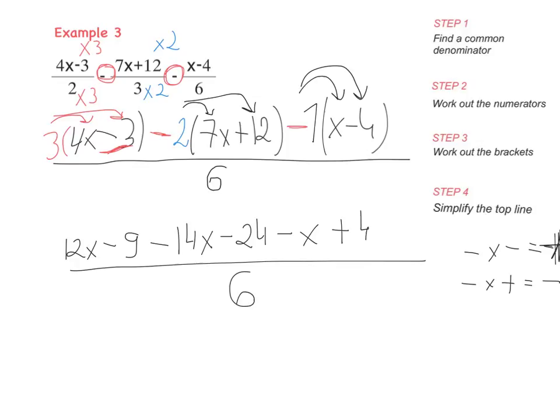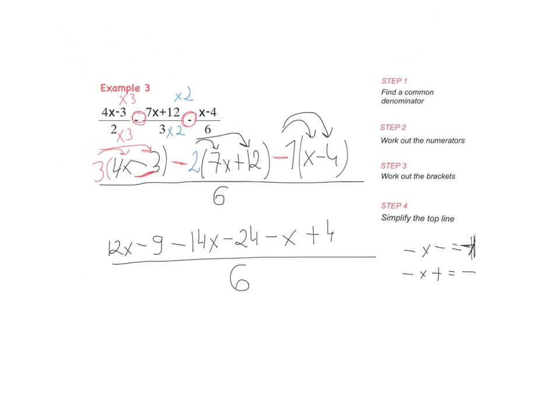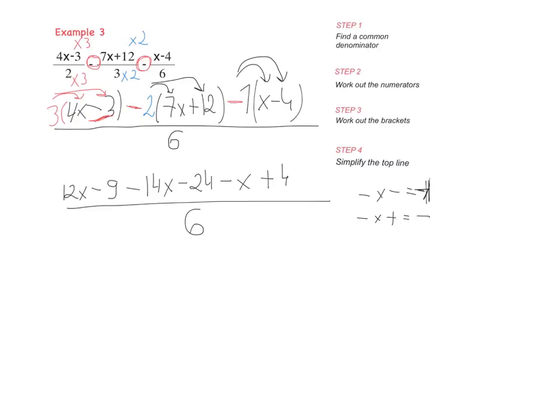We've met a few algebra rules a few weeks ago, but you need to remember them all the time. Everything is connected in maths. So let's make it a bit smaller. And we can continue. So now we need to just simplify the top line. So x's together and constants together.